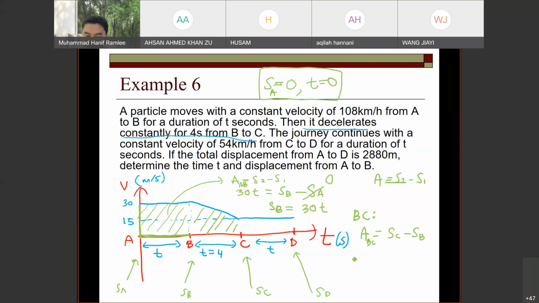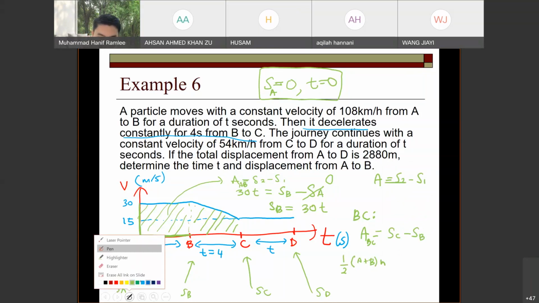So A is the area for the trapezium. You should have A plus B times height. And I put the values here, the line here.